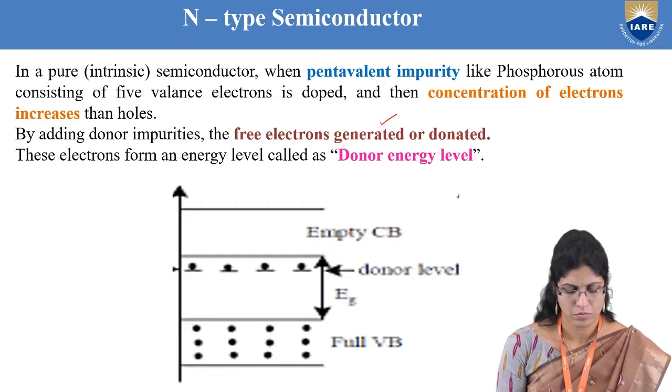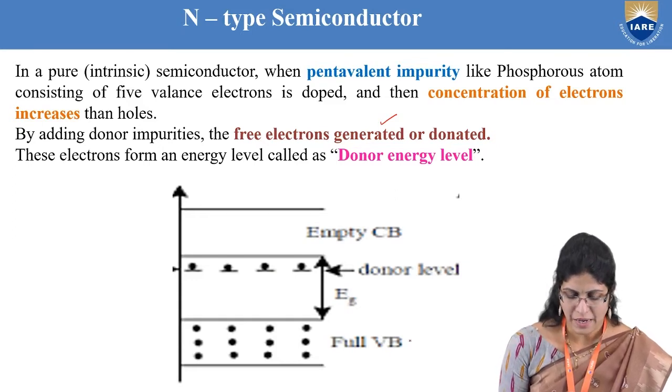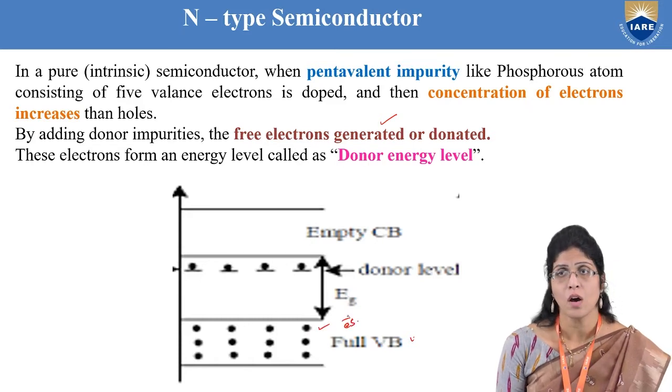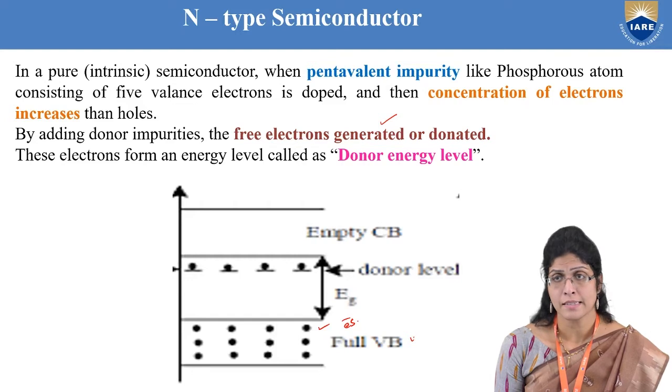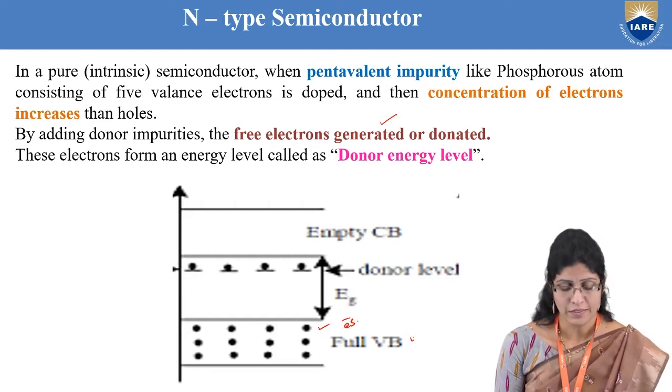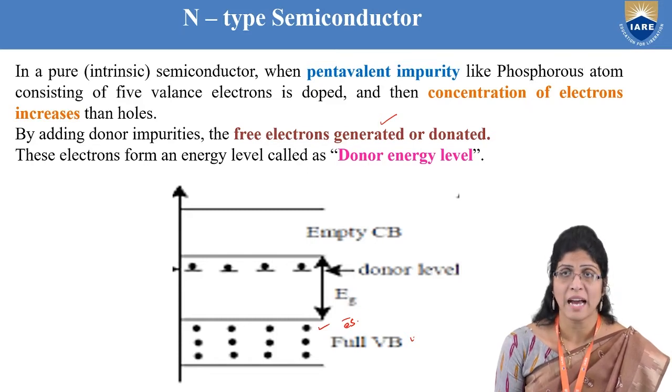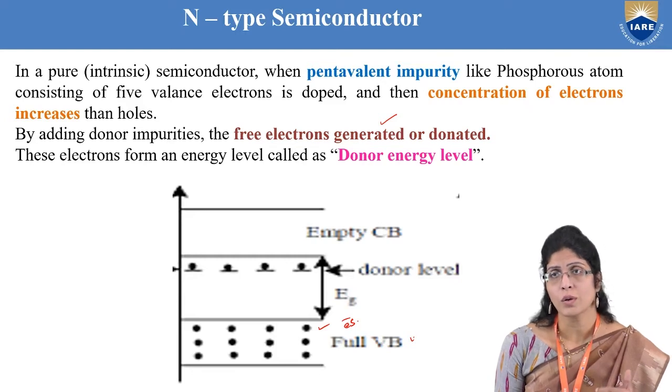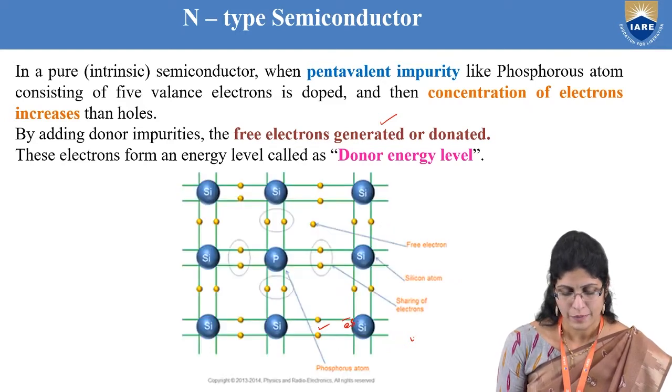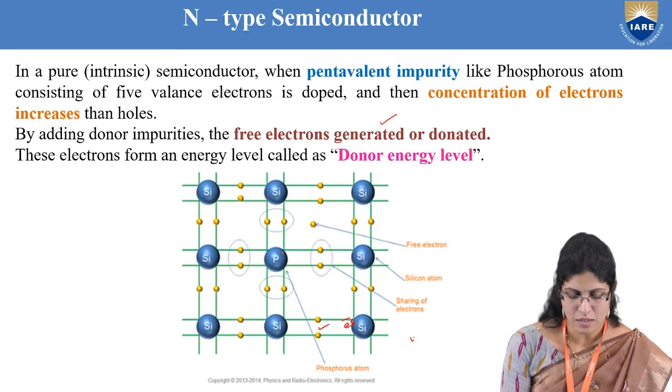when you add the dopant, in the valence band, whatever electrons are there are the valence electrons of the mother lattice, that is the silicon lattice, and you are now adding phosphorus, and whatever number of atoms you add as impurities, those are donating. If you go back, this phosphorus is donating this free electron to the whole lattice.